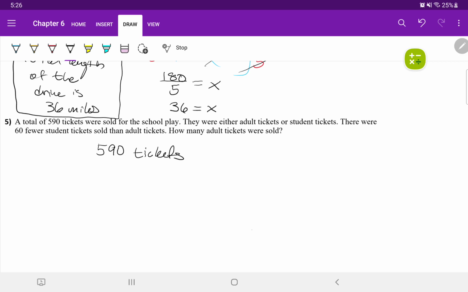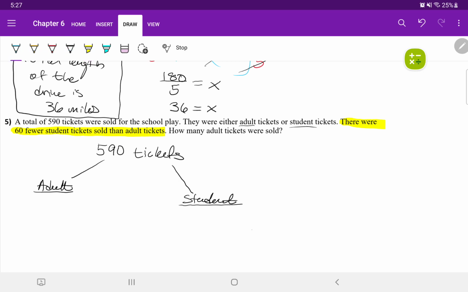There were 2 types of tickets: adult tickets and student tickets. We do not know how many of each were sold right now, but we do know that there were 60 fewer student tickets sold than adult tickets.